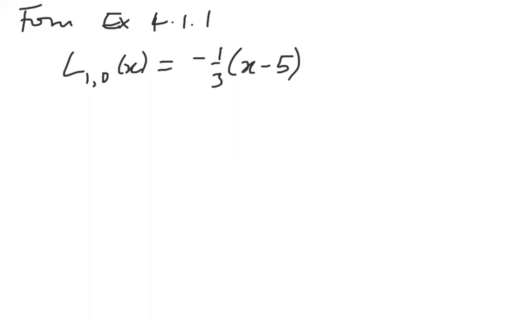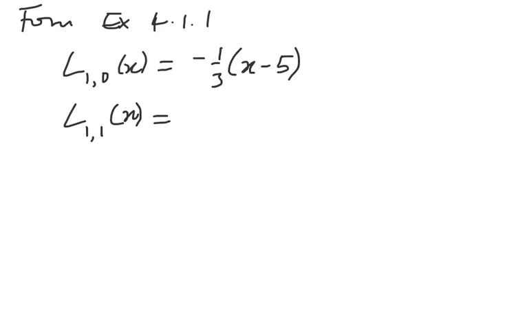Okay, now I'll move on to the next value, L11(x). In the previous example, we just denoted this by L1. But now we need to indicate the degree of this polynomial that we are looking at. So that's the reason why I'm putting that one there.